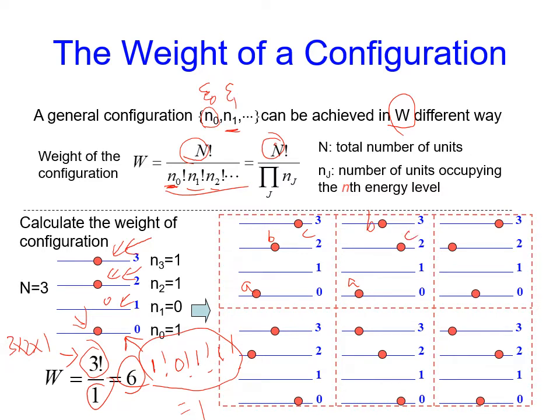Or A is in the third energy level, B is in the lowest energy level, and C is in the highest energy level. And so on. The last one: A occupies the highest energy level, B occupies the lowest energy level, and C occupies the third energy level. All right. So please confirm these are the 6 arrangements for this configuration.